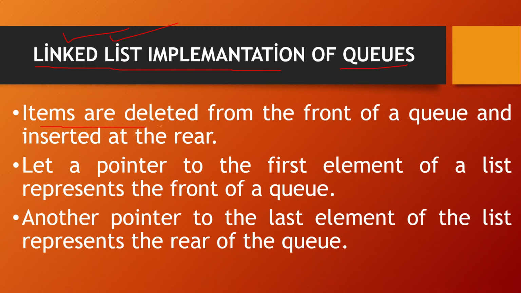So we know that items are deleted from the front of the queue and inserted at the rear of the queue. Let a pointer to the first element of a list represent the front of the queue and another pointer to the last element of the list represent the rear of the queue. So these are the basics that you already know.